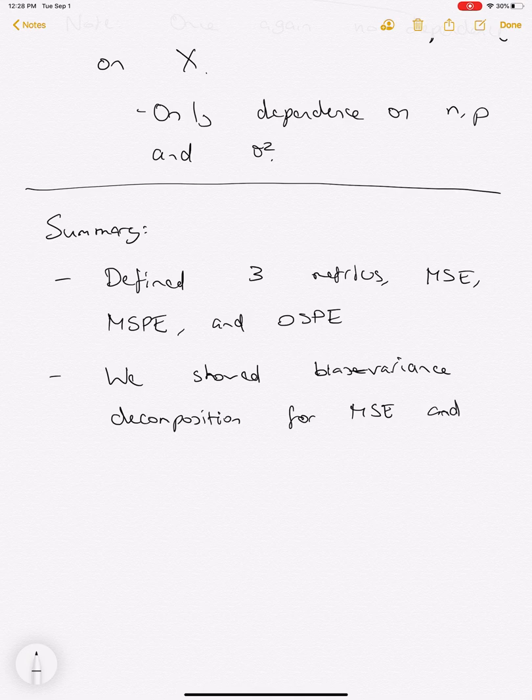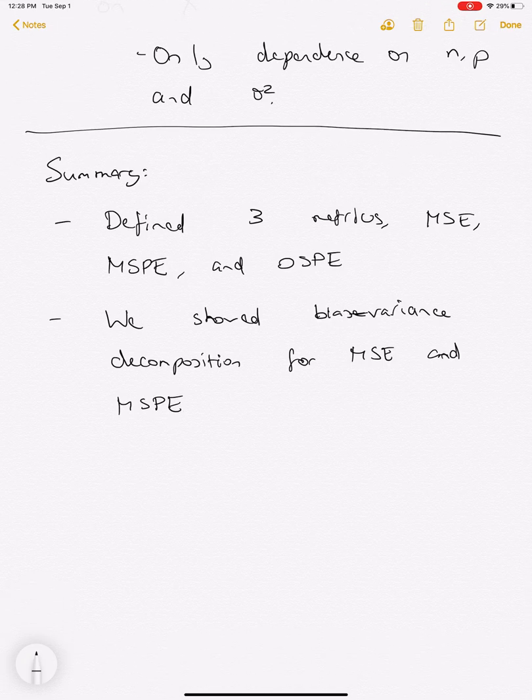For the first two metrics, we can actually show a bias variance decomposition. Nothing like that holds for the third metric.